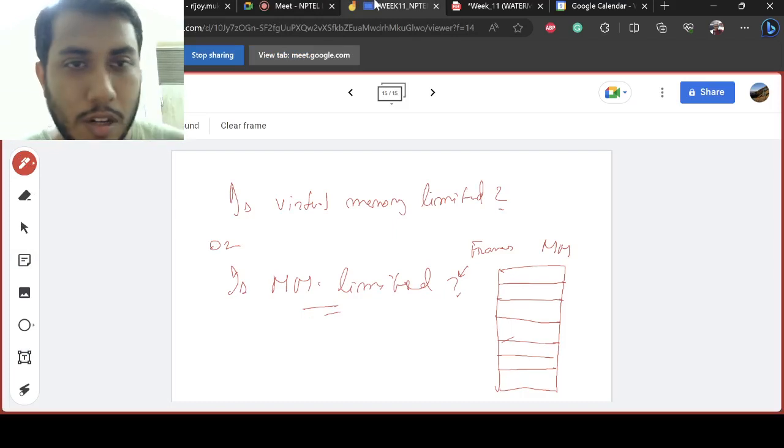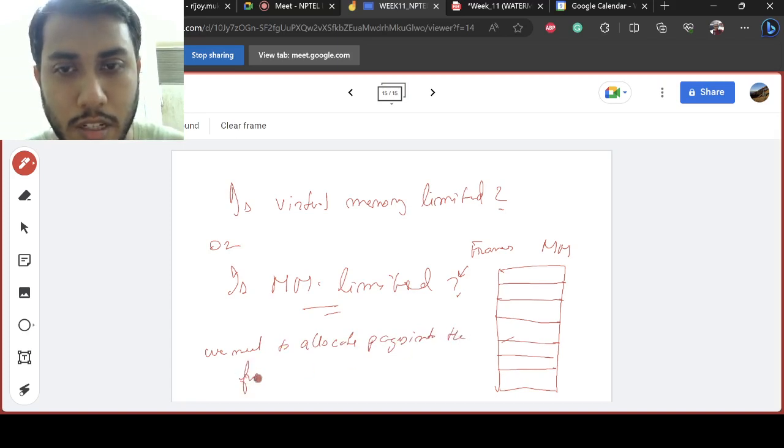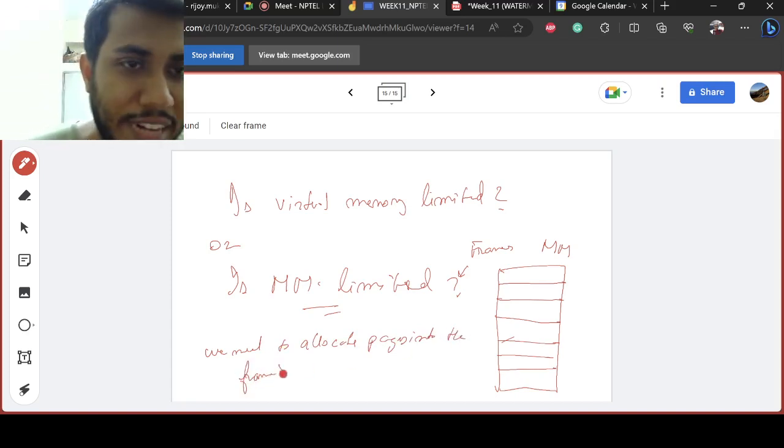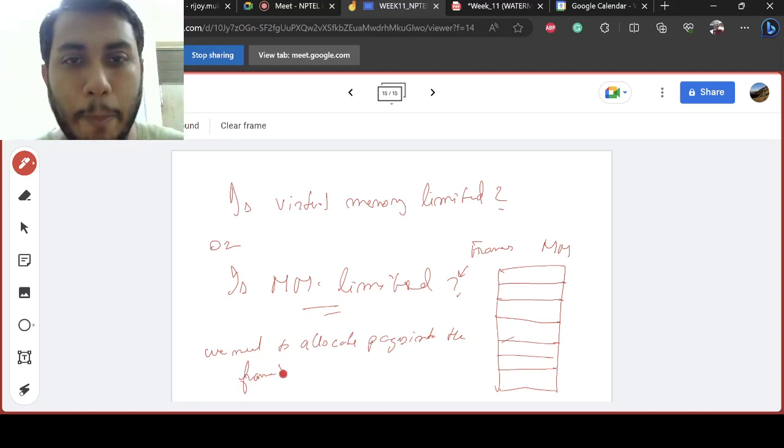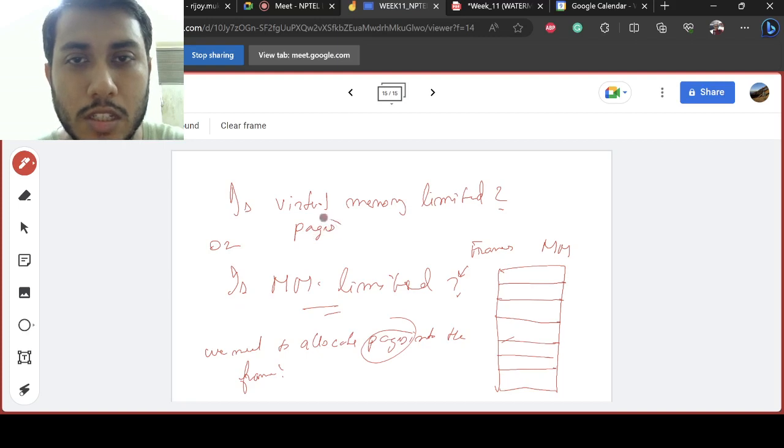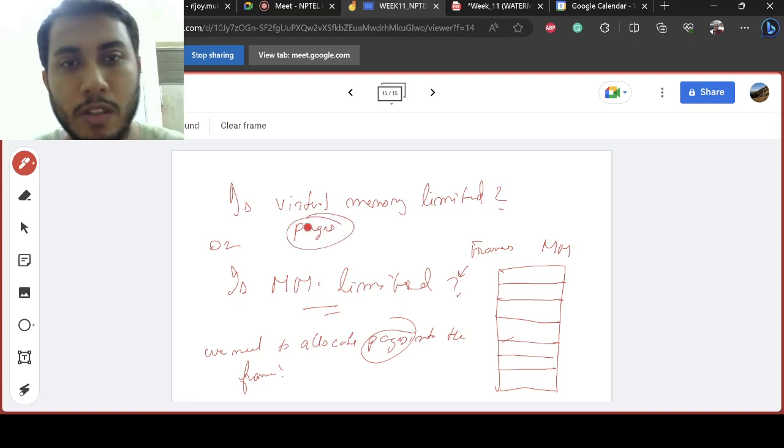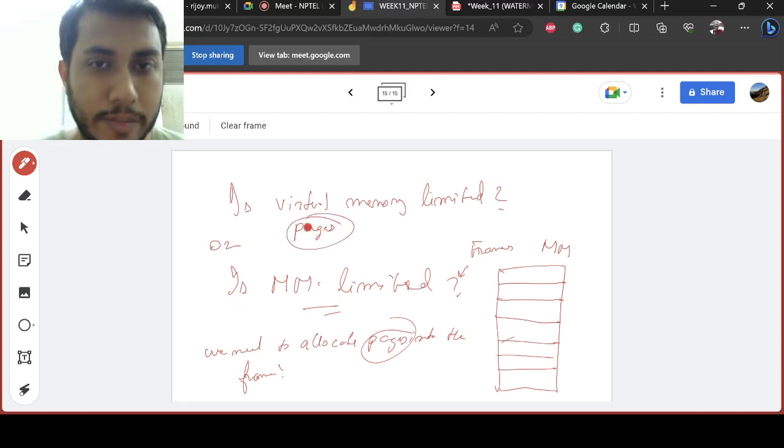So these are your frames in main memory. Right. Now we need to allocate pages into the frames. Now where are the pages stored? Pages are in your virtual memory, and you need to bring them to your main memory, right?